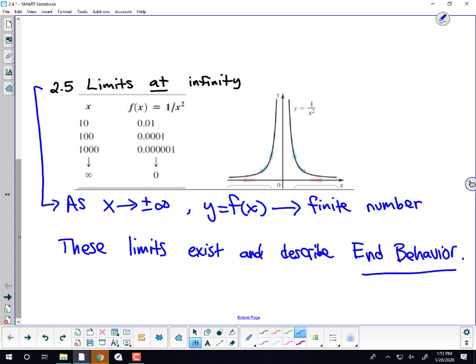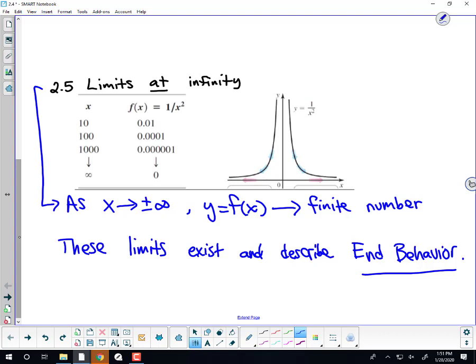Hey, what's the degree and what's the leading coefficient? There was also end behavior on rational functions, which was the case that if the degree of the numerator is less than the degree of the denominator, then you got a horizontal asymptote at y equals 0. Do y'all remember that? That's the end behavior on rational functions.